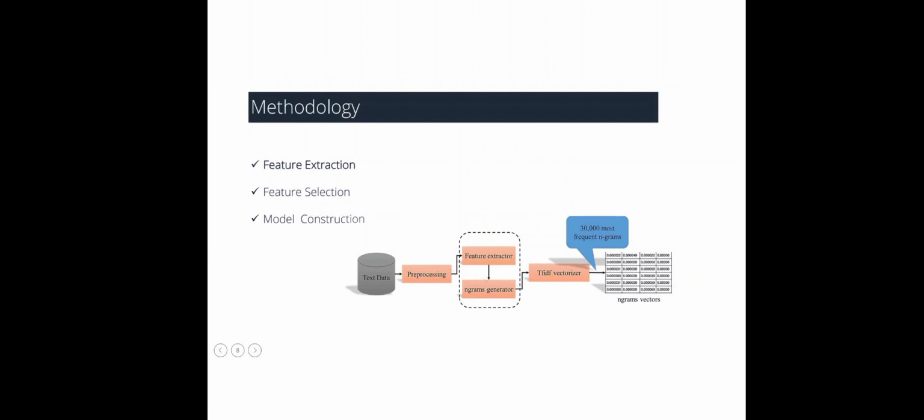Text is high dimensional in nature, and n-gram features in different ranges increase the dimension further. So to reduce the dimension, we conducted experiments with different values of frequent n-gram features, from 10,000 to 100,000, and also tried all features. Instead of doing feature selection on all features, we selected the top frequent features.